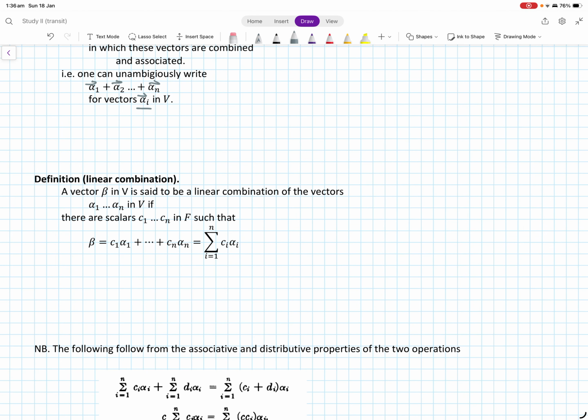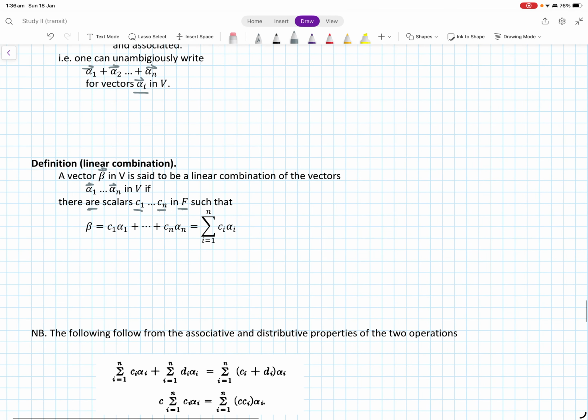And finally, we can talk about linear combinations of vectors. So suppose that beta is a vector in V, and we'll say that beta is a linear combination of the vectors alpha 1 to alpha n in V if there exist scalars c1 to cn in the field F, which is used to define the vector space, such that beta can be expressed as the following linear combination.